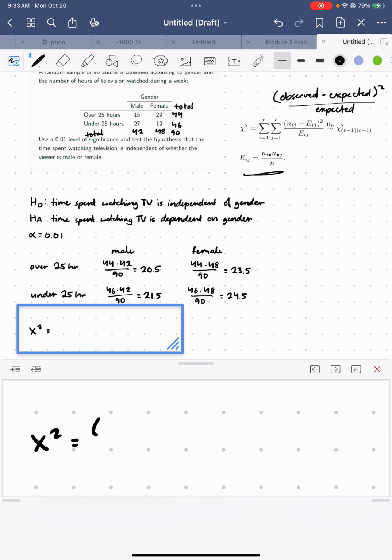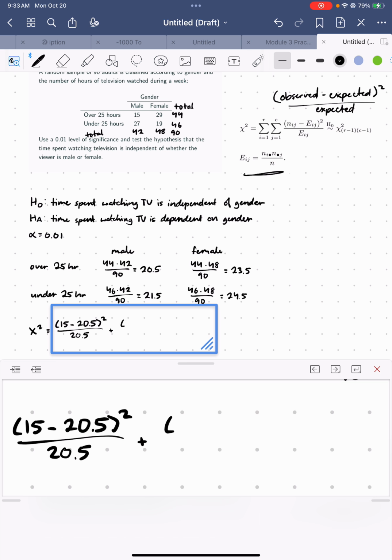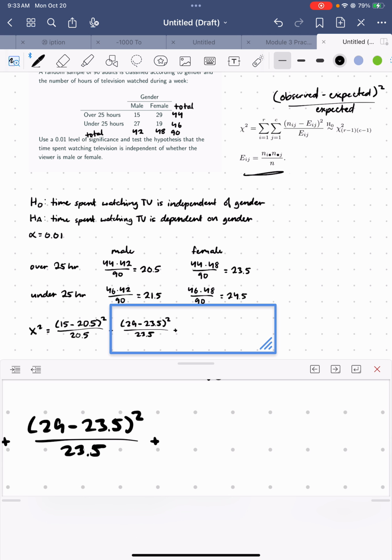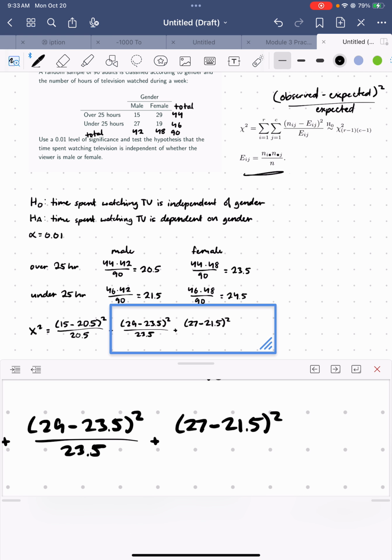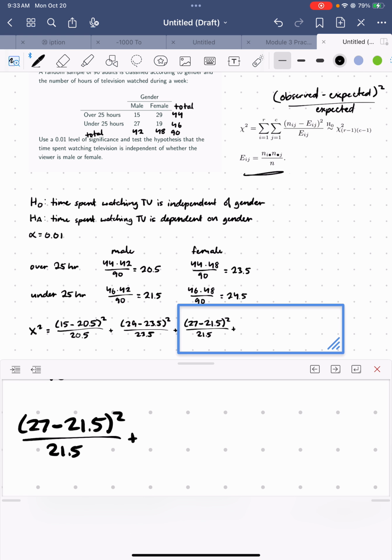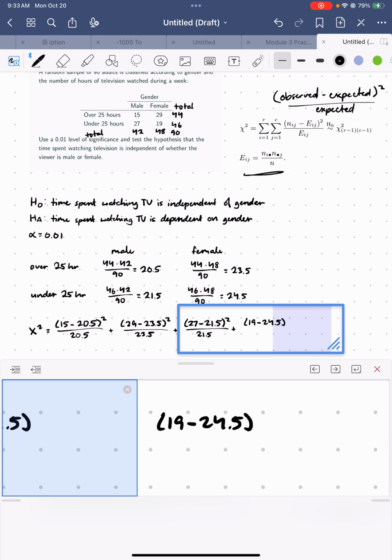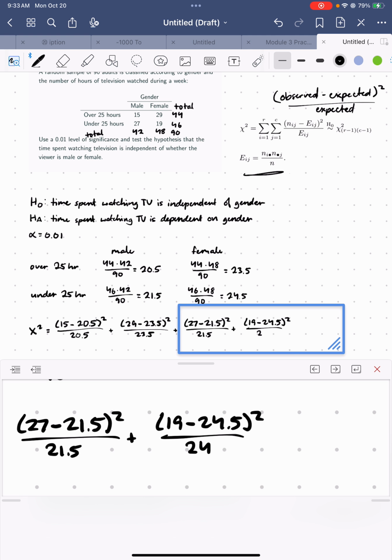so we can start from the top. So we have 15 minus 20.5 squared divided by 20.5, and then plus 29 minus 23.5 squared divided by 23.5, and then plus 27 minus 21.5 squared divided by 21.5, and then finally we have 19 minus 24.5 squared divided by 24.5.